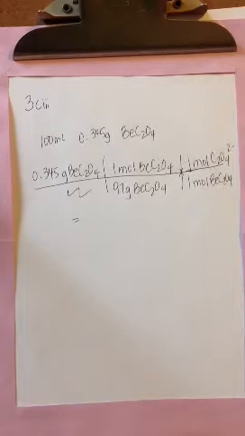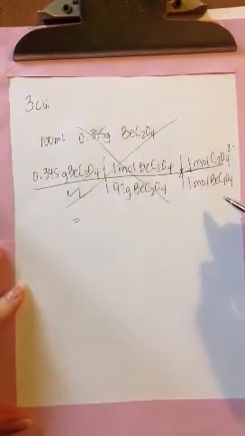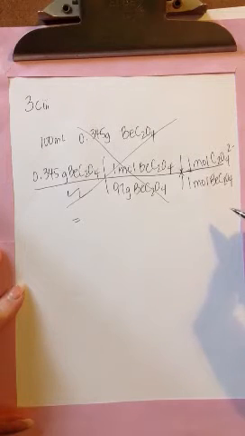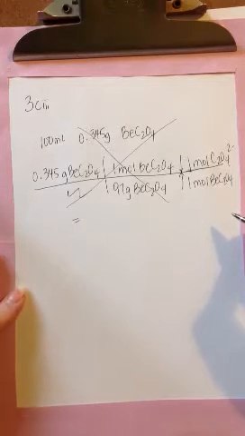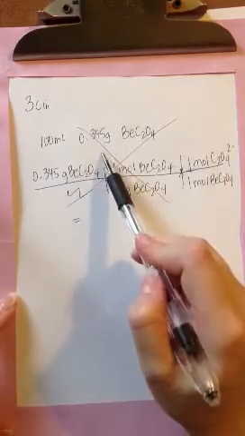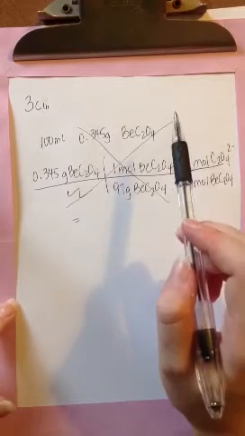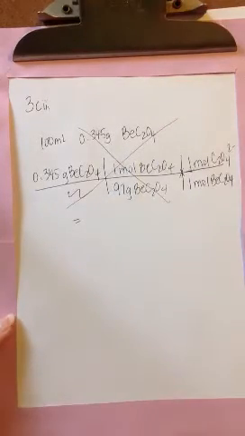But now that I'm going through this, I'm actually thinking I'm doing something wrong, because this tells me that there's an impurity in this. So this is how much oxalate I'm supposed to have. But I can't actually use that because I don't know how much of this 0.345 grams is really this. So I'm actually going to stop and I'm going to say, wait, part 3 must have to do with part 2.